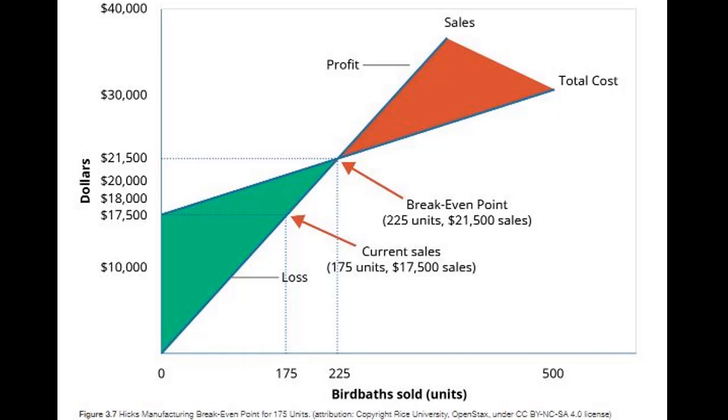And if you continue to sell more and therefore move to the right, at the point where you sell precisely 225 units, the total cost line crosses the sales revenue line.